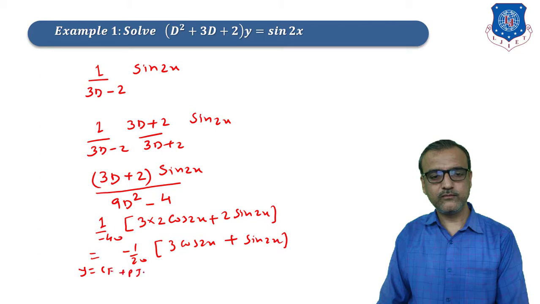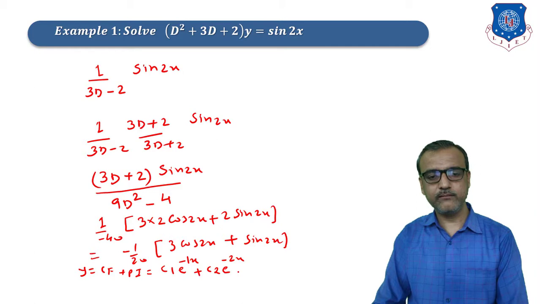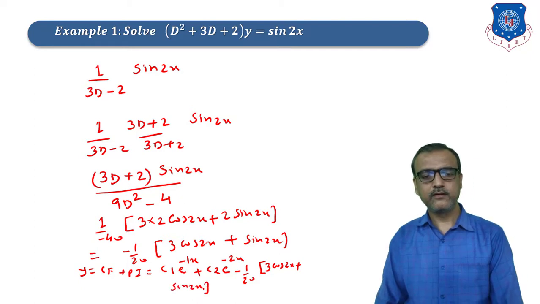CF is C1 e raised to minus x plus C2 e raised to minus 2x, and PI is minus 1 upon 20 into bracket 3 cos 2x plus sin 2x. So this is the required general solution.